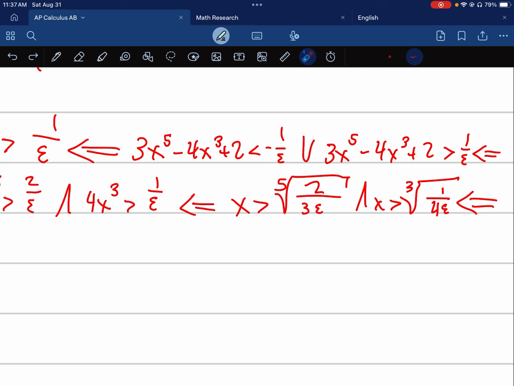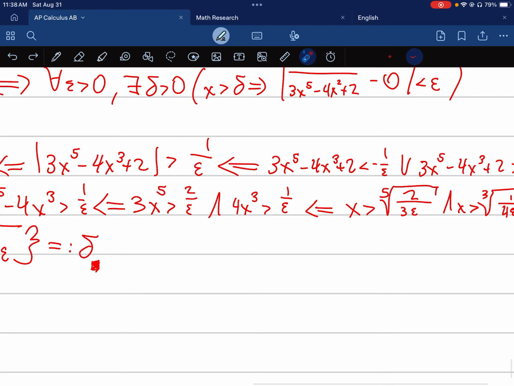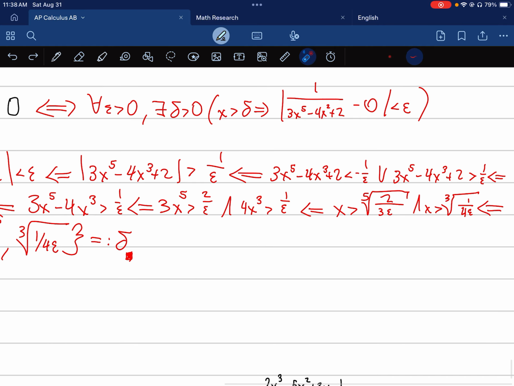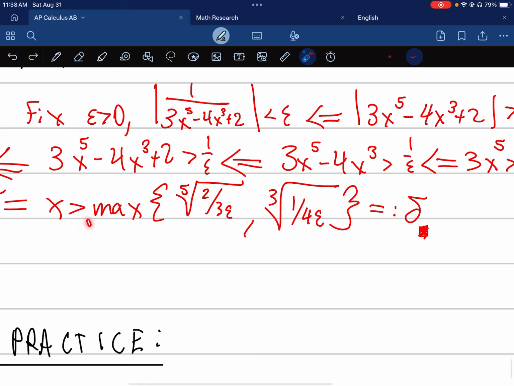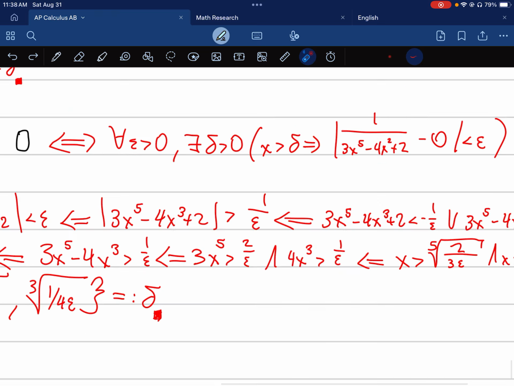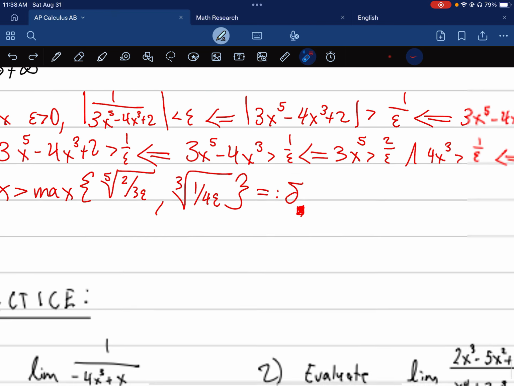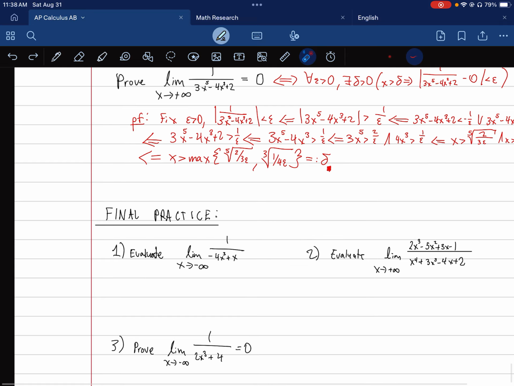So, in other words, this is true if x is greater than the maximum between these two, because if it's greater than the maximum between these two, then it's greater than the biggest one, so of course it has to be greater than the smallest one. And since we have x is greater than, which remember that's our goal, we can just set this to be our delta, and we're done with the proof.